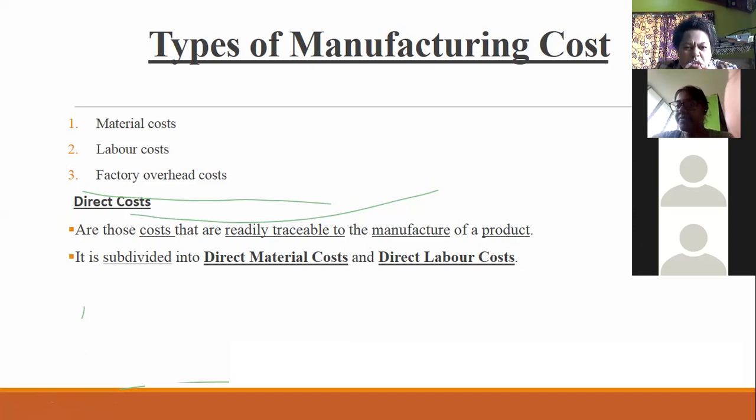Now, I wish to leave us with that, to end our class with the types of manufacturing cost.